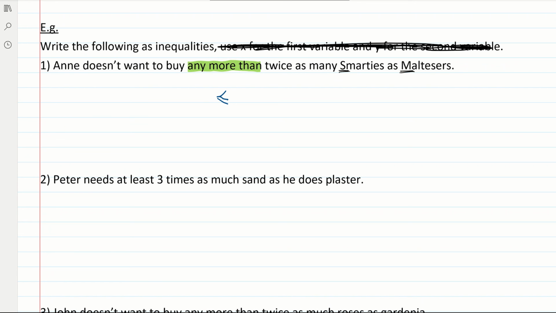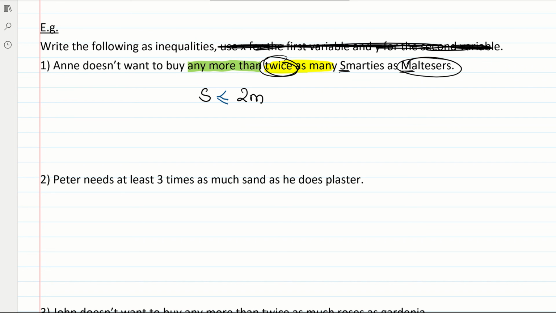Then we continue reading. Twice as many what? Smarties as Maltesers. So the Smarties has to be less than twice the Maltesers.